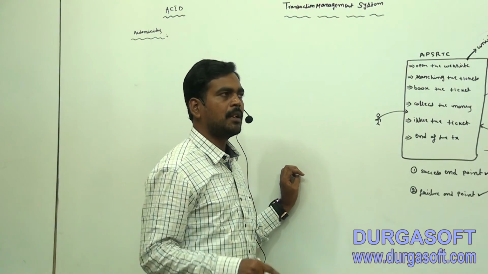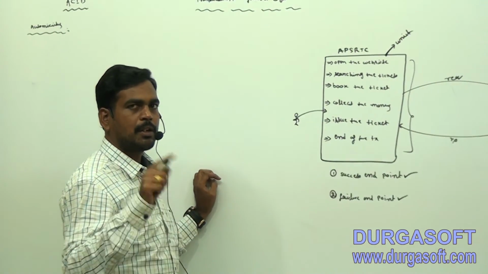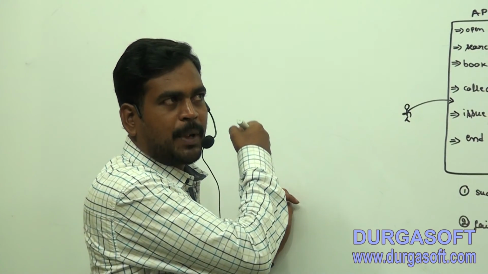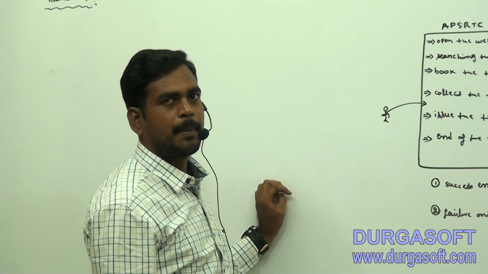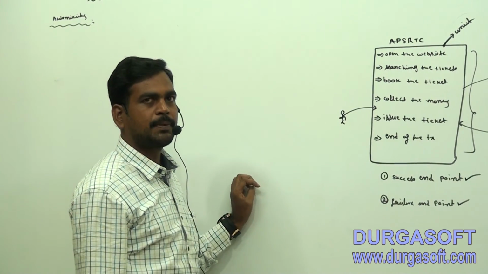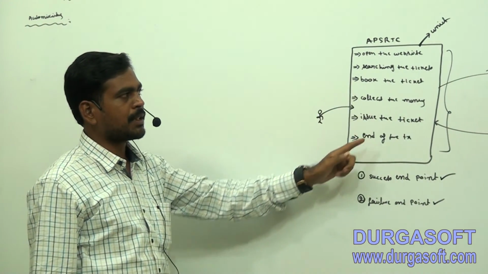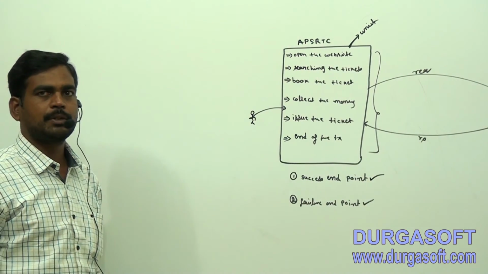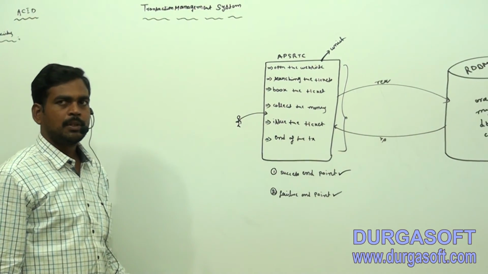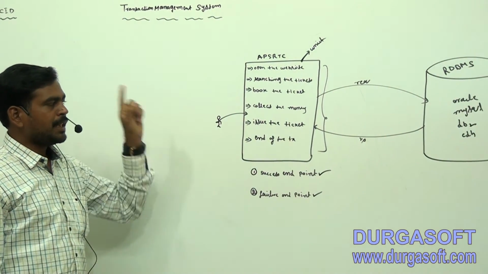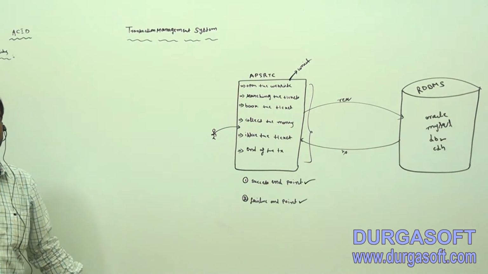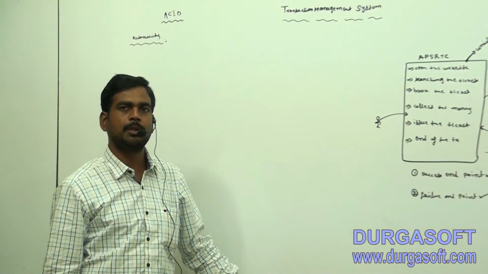Only then will that property be satisfied: if all the statements are executed successfully, fine, otherwise don't execute even a single statement. We must convert auto commit mode to non-auto commit mode.